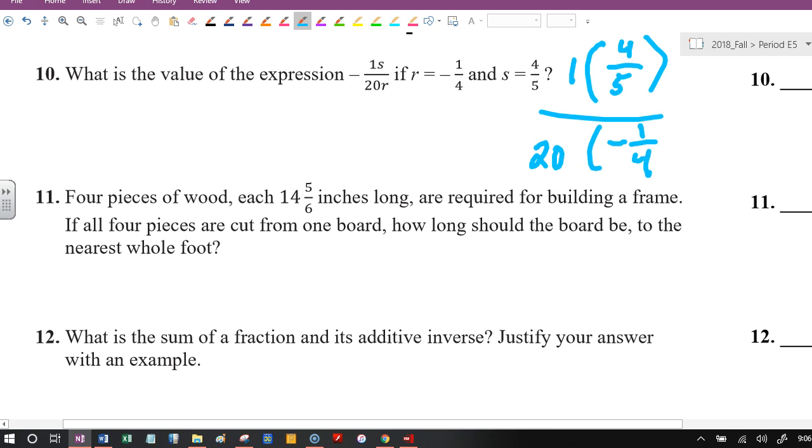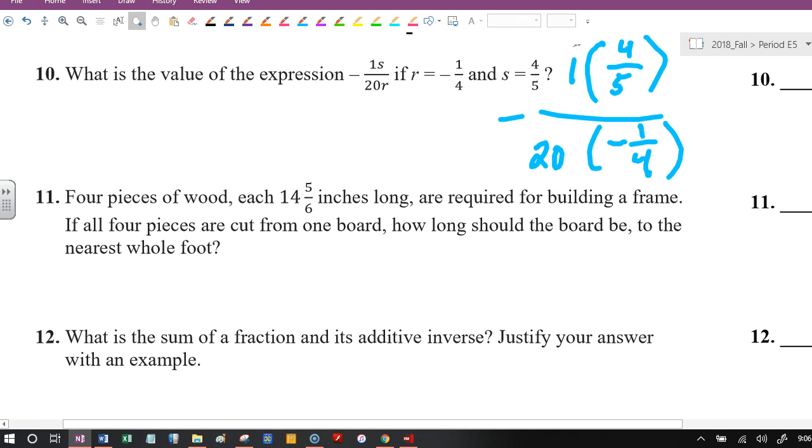Now a lot of students like to skip steps because they're smarty McSmartsters. But it really helps if you don't skip steps and actually write this out. It helps you to not miss things.